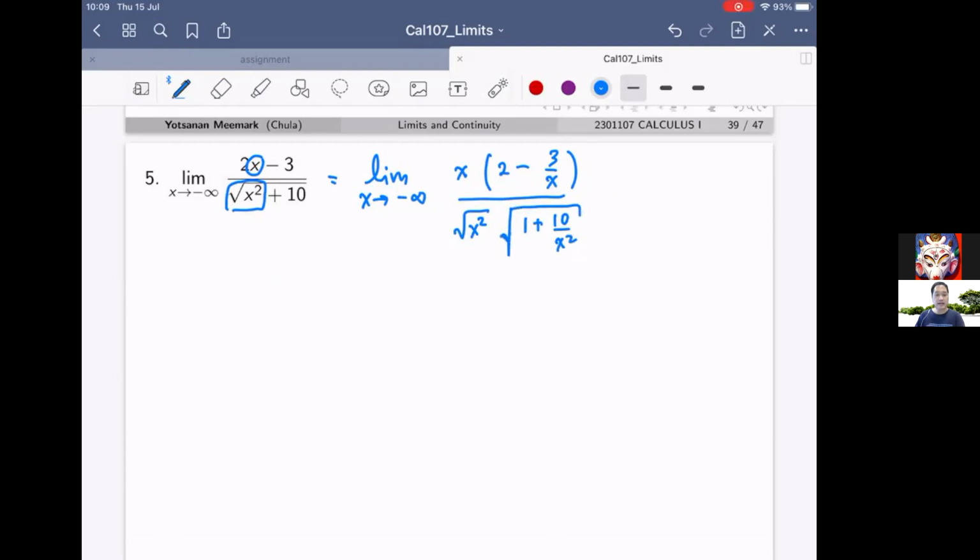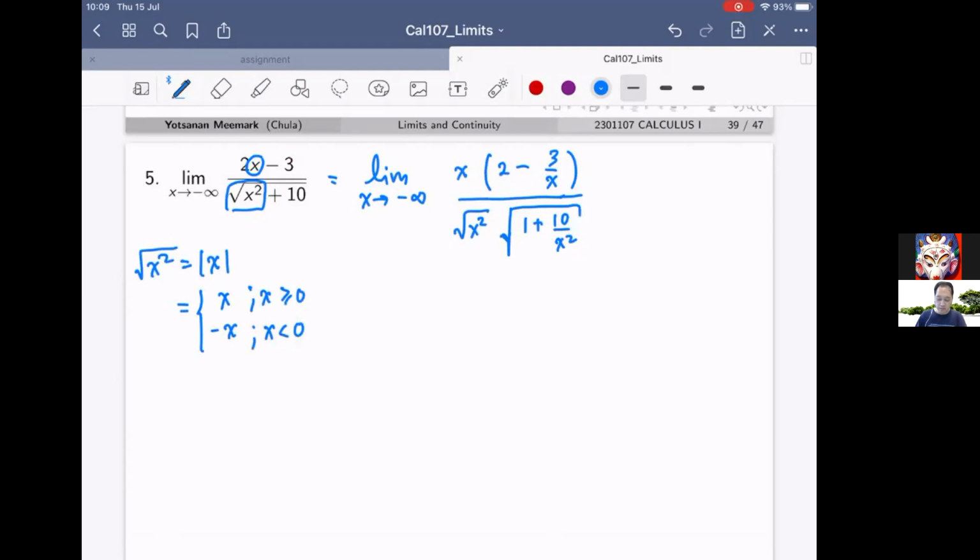And as we told you, the square root of x squared is the absolute value of x, and it can take two kinds of formula, depending on whether x is positive or negative.